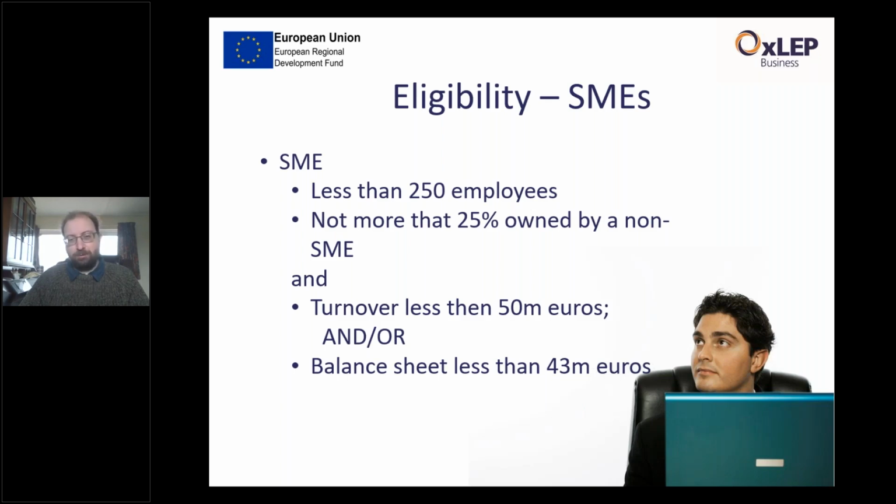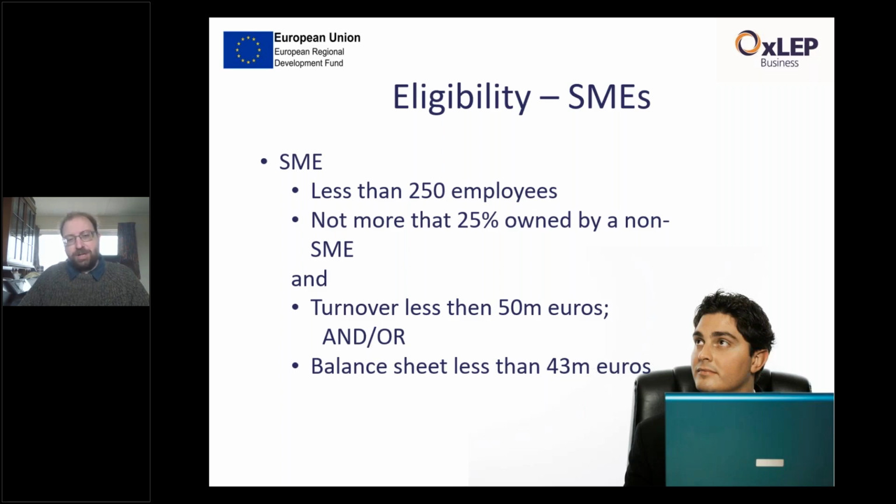So if you're part of a group of companies, you have to look at the whole group of companies together to establish whether or not that group is an SME. It can get a little complicated there because there are certain owners that don't count towards the 25% threshold. Things like venture capitalists and universities do not count towards that 25% threshold.